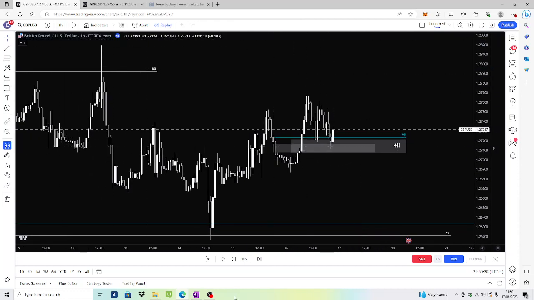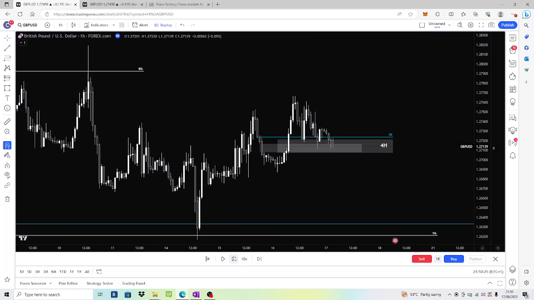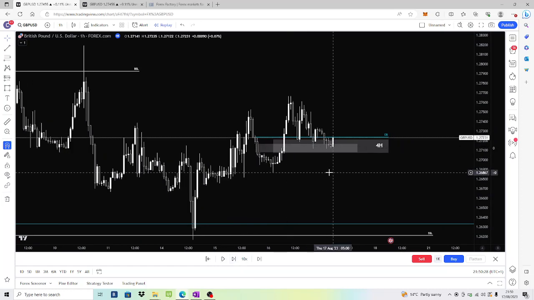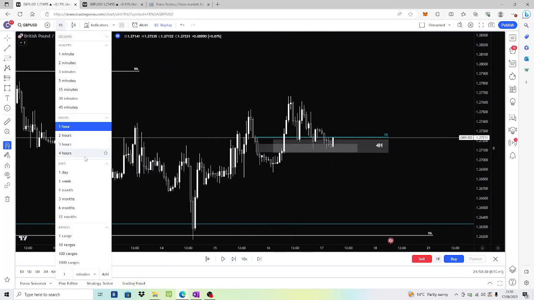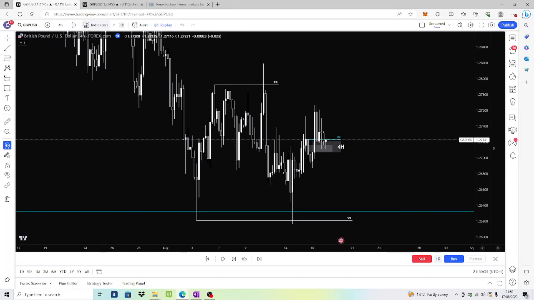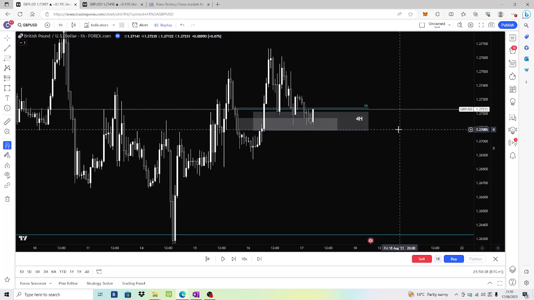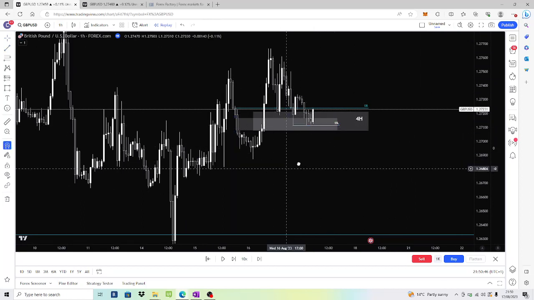Okay. Let's get to today's price action. Let's see what the 4 hour looks like just before London session. Yeah, still holding that. The 1 hour. Yeah, created these equal lows inside here, sell side.